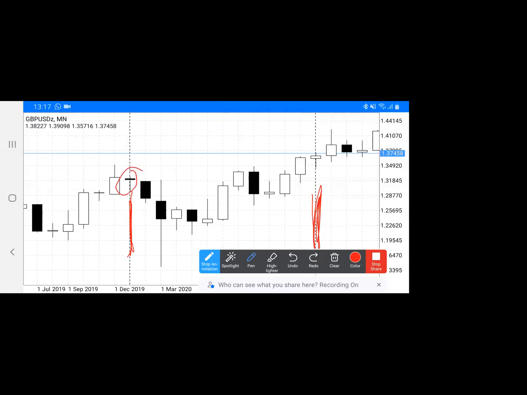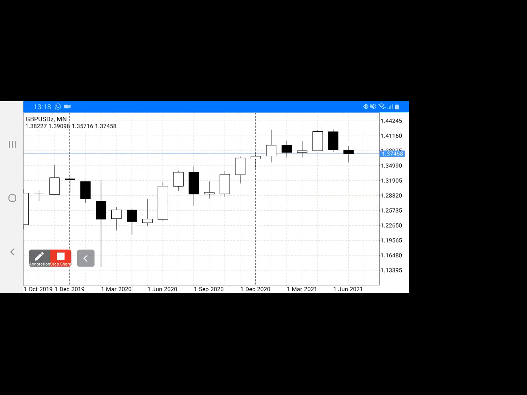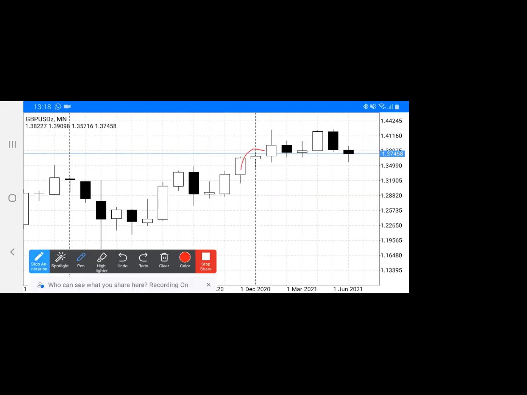So this will be January, February, March, April, May, June, July, August, September, October, November, December, which is 2020. Then we move on to the next year, and we can see January, February, March, April, May, June, and where we currently are, July, which is almost over. We're past the halfway mark of July.